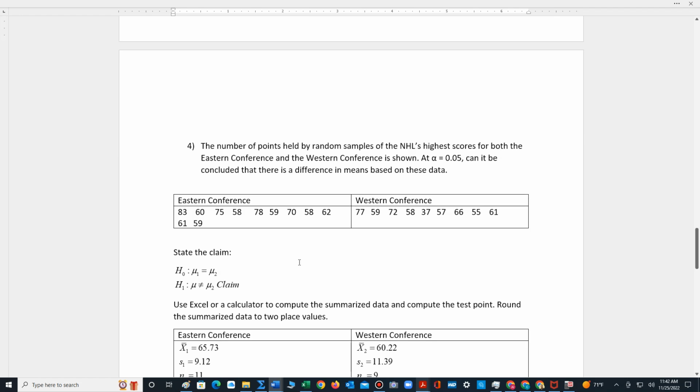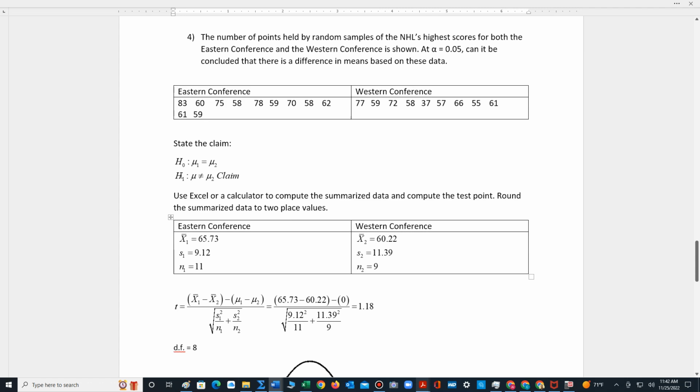Now, for the third example, we're provided with the following information. So the number of points held by random samples of the NHL's highest scores for both the Eastern Conference and the Western Conference is shown. At alpha 0.05, can it be concluded that there is a difference in the means based on the data?